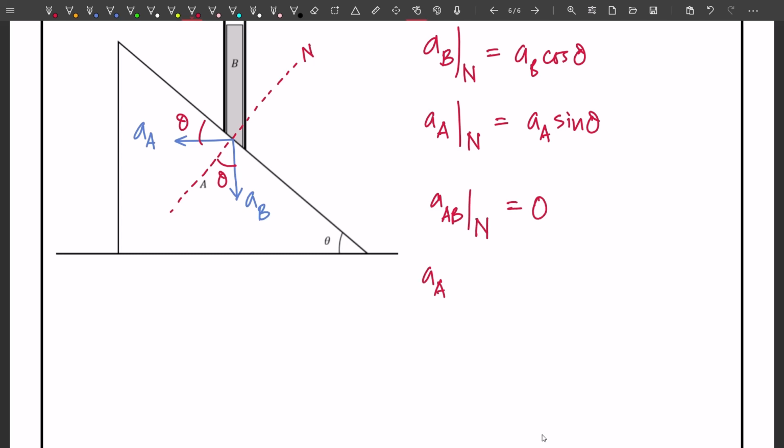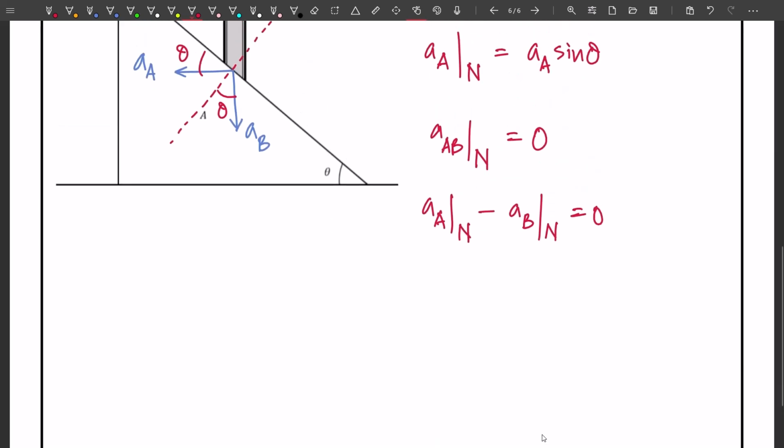So we can write acceleration of A along the normal minus acceleration of B along the normal is 0, or we can simply equate them.